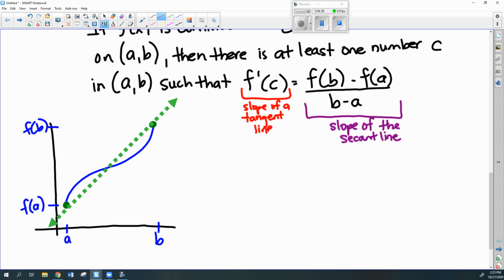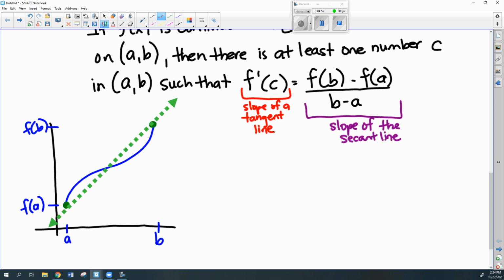So what this theorem is saying is that as long as the function is continuous and it's differentiable, which means it's continuous first, but then it also doesn't have any sharp corners, doesn't have any cusps, and it doesn't have any vertical tangent lines, then the slope of a tangent line at some point will be equal to the slope of the secant line between the endpoints.